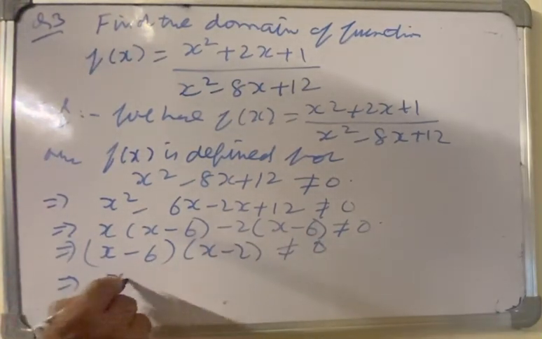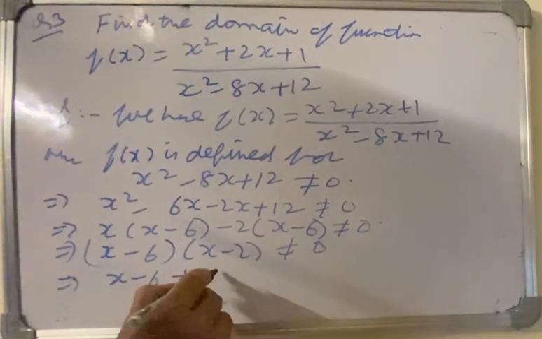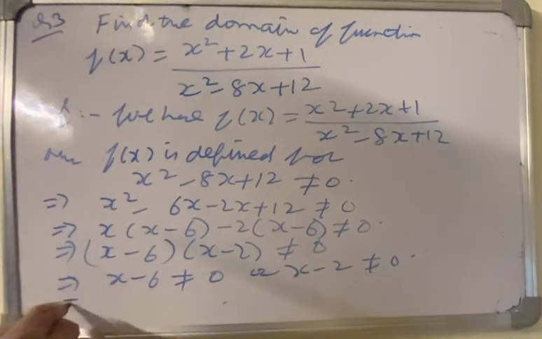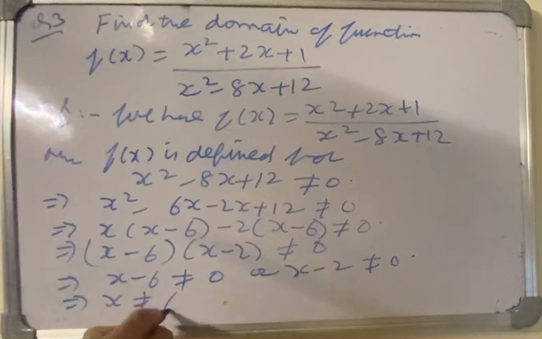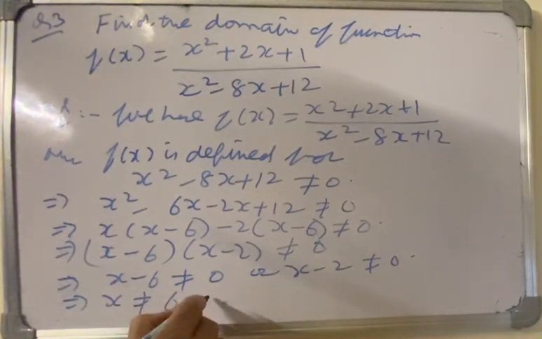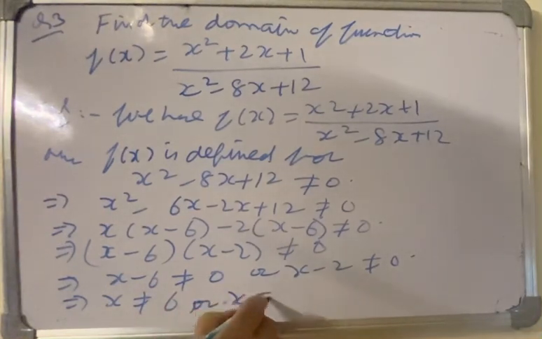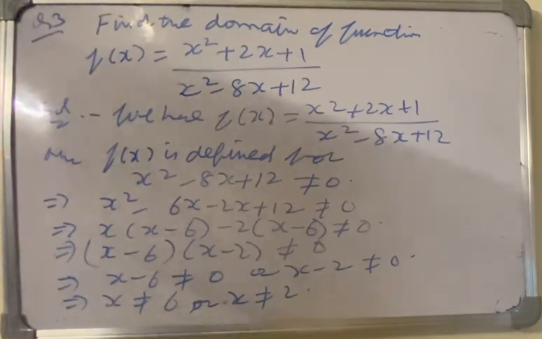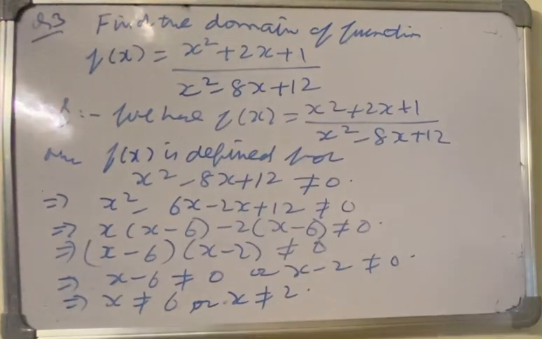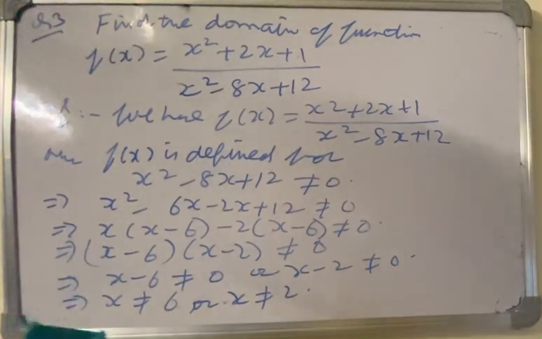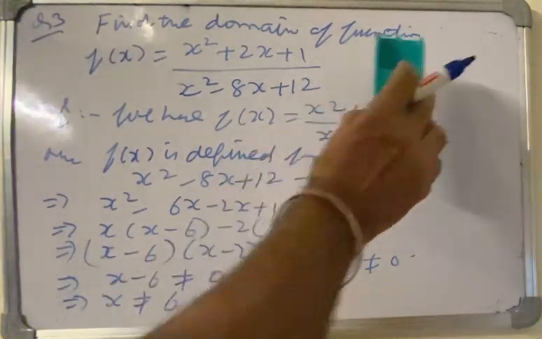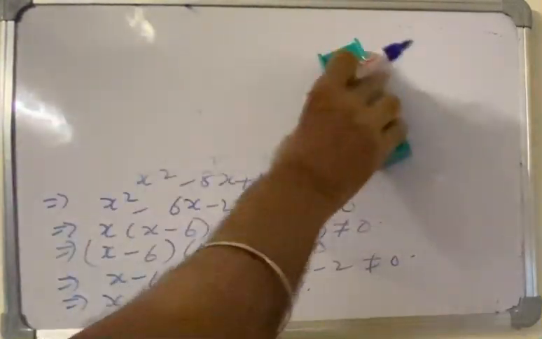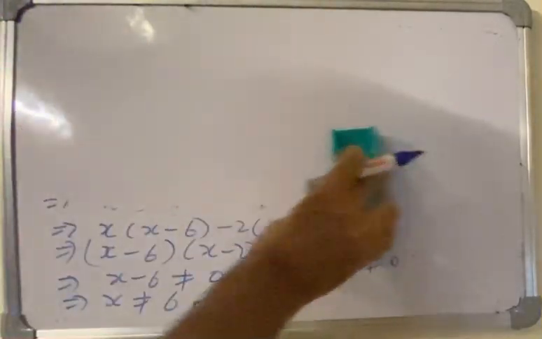That means x minus 6 is not equal to 0 or x minus 2 is not equal to 0. Therefore, x is not equal to 6 or x is not equal to 2. That means the domain of the function is the set of real numbers excluding 6 and 2.